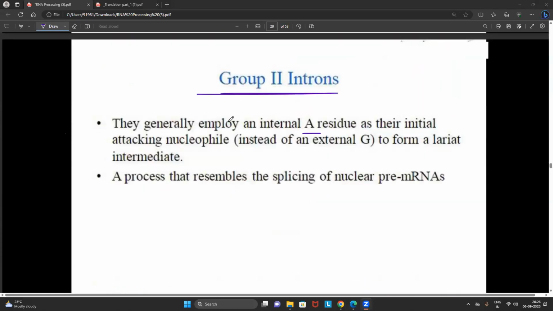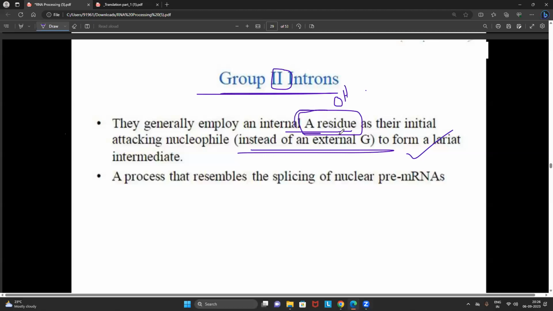Okay, now listen. What is the specialty of a group 2 intron? They already have their own branch point, and their branch point has its own OH group. So friends, group 2 introns do not require any external guanine to form the lariat intermediate.